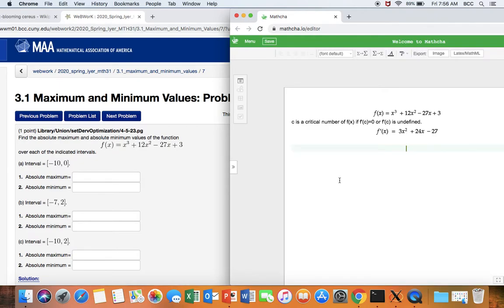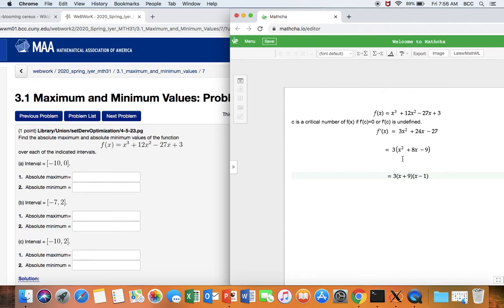Derivative is simply 0. This equals, notice I can pull a 3 out. I get x squared plus 8x minus 9. Aha, this looks like I can factor it. That is equal to 3 times, what's the factorization of this? x plus 9 times x minus 1.